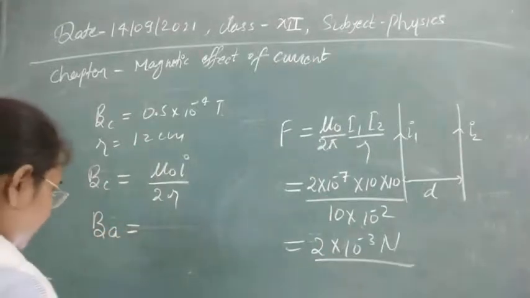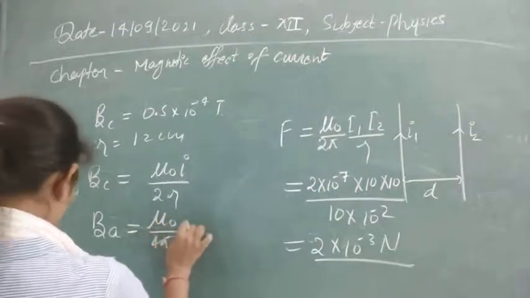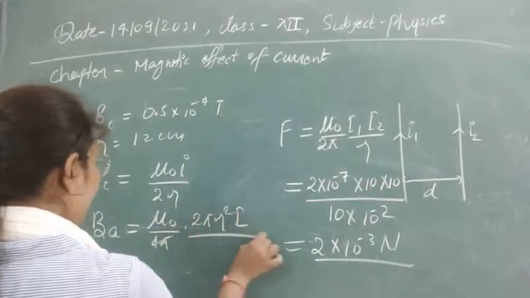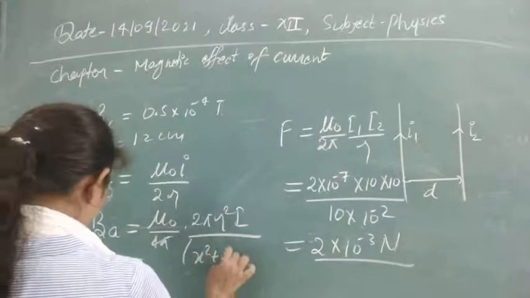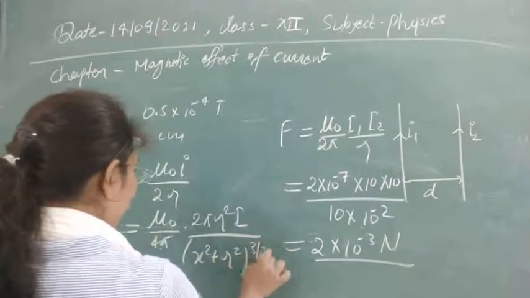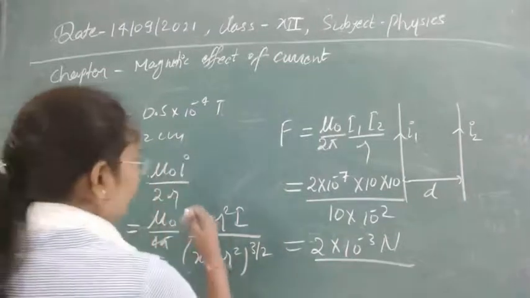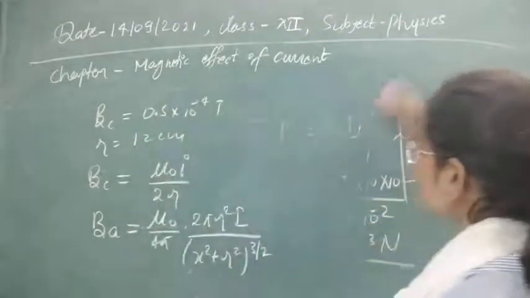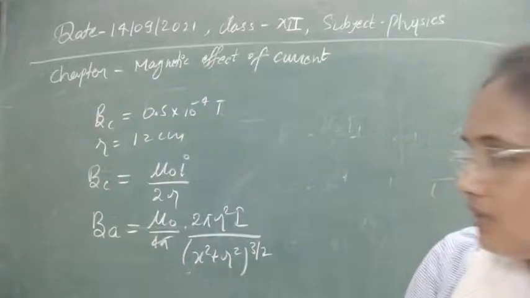For any axial point, the magnetic field is given as mu0 upon 4 pi into 2 pi r square I, here a into I we have, upon x square plus r square to the power 3 by 2. So this is our formula, and we can divide these two equations. If we divide, the current factor and some other factors will be cancelled out. So let's just divide it.